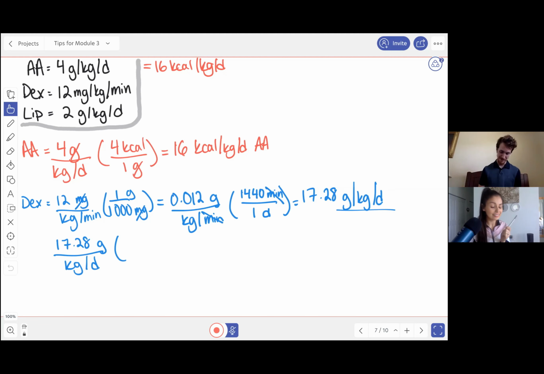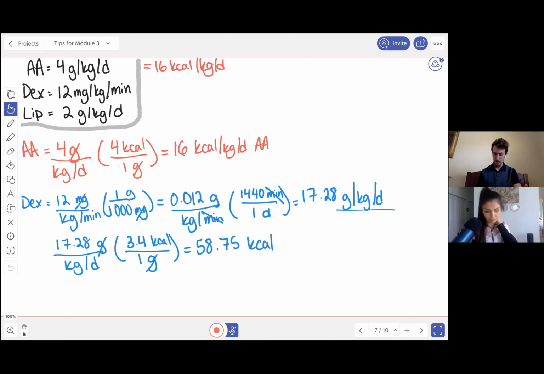So 3.4 calories per gram. The grams are going to cancel out, and that's going to give us 58.75 calories per kilogram per day, but we're just going to go ahead and round that up a little to 59.